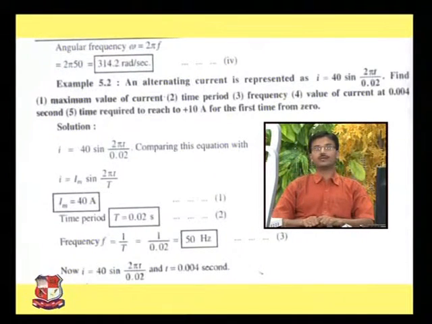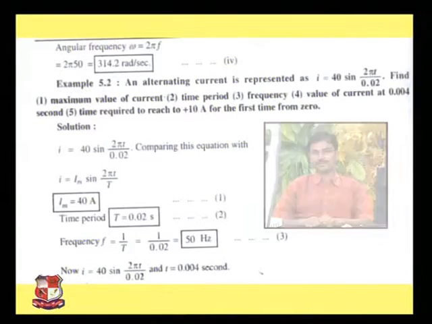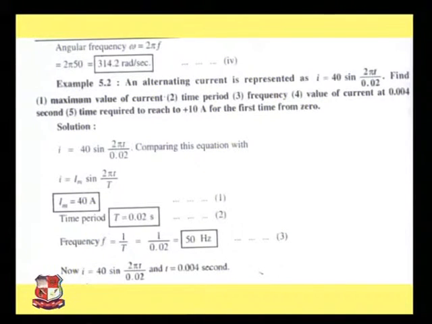Comparing this equation with our standard equation, i is equal to Im sin 2 pi small t upon capital T. From this comparison, we can easily find out Im, maximum value of current, is equal to 40 ampere. Time period we can also find out very easily. Capital T is equal to 0.02 second.